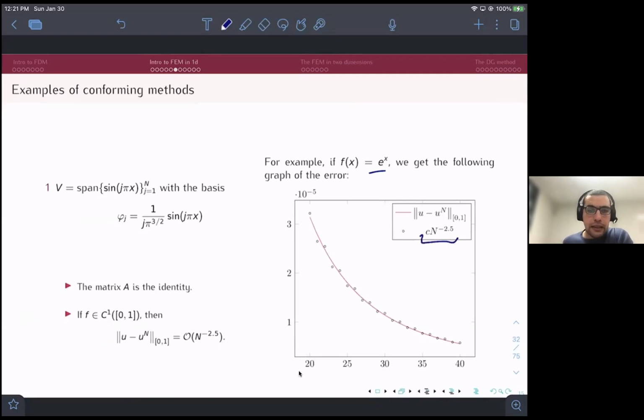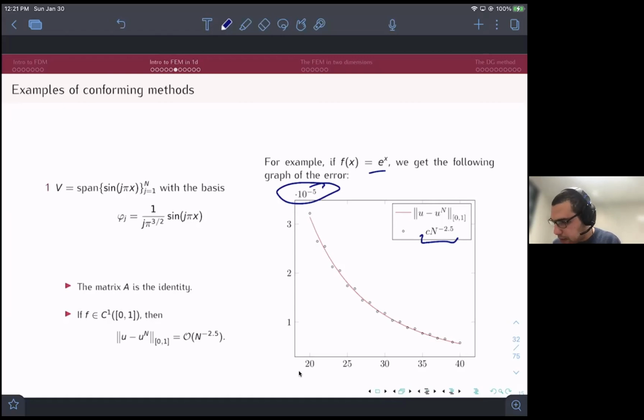It could be that the error would decay to 0 faster under some assumptions about the function f, namely if the function f is 0 at both endpoints, it would be faster, but there's no reason to expect anything faster than n to the negative 2.5. Now, for most purposes this is going to be nice because you're going to get an error of 10 to the negative 5. If this is what you're looking for, this is fine.